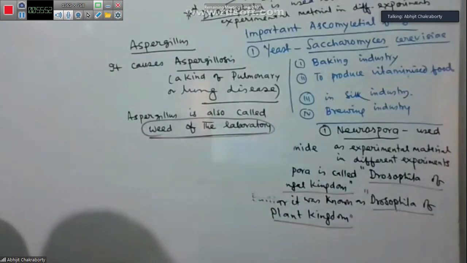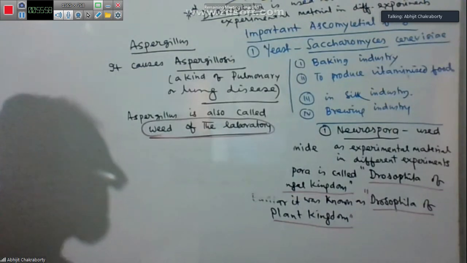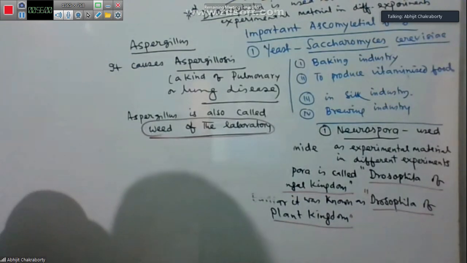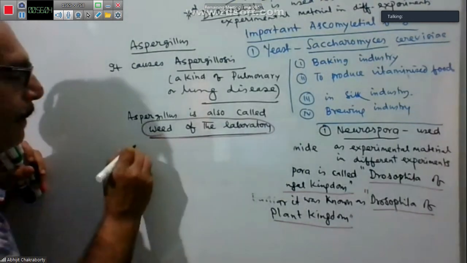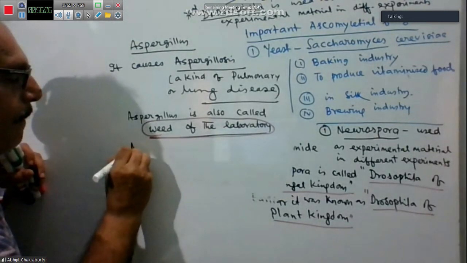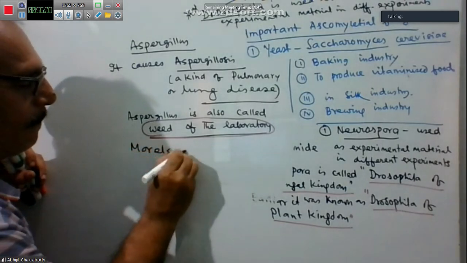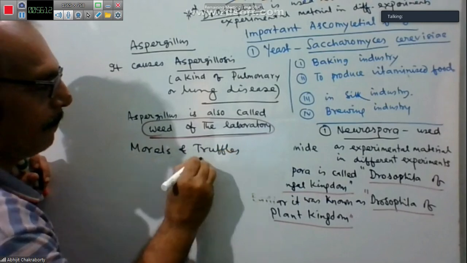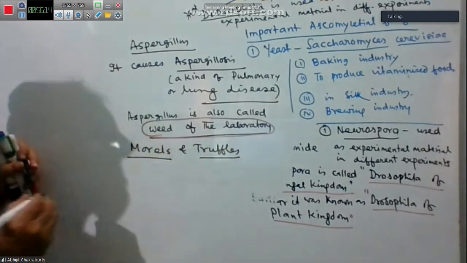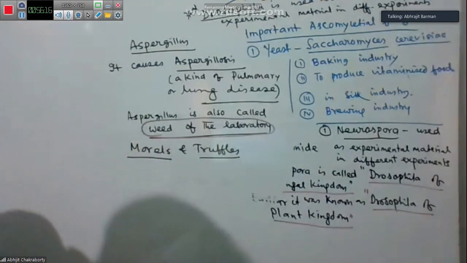Now, they are the most common examples. Another is one, Morels and Tafels. Most important one, morels and truffles. Sir, it is Morels another and kind of truffles. fungus.